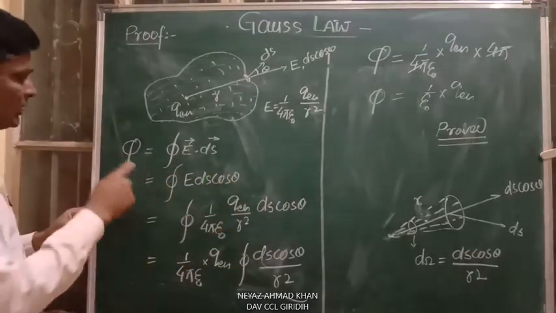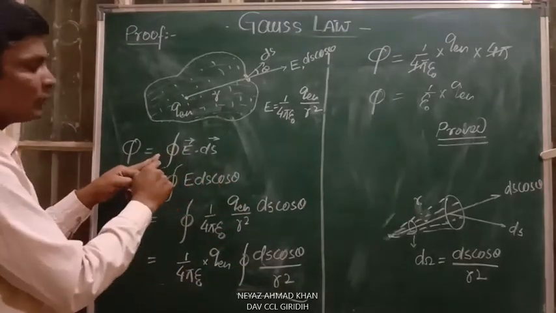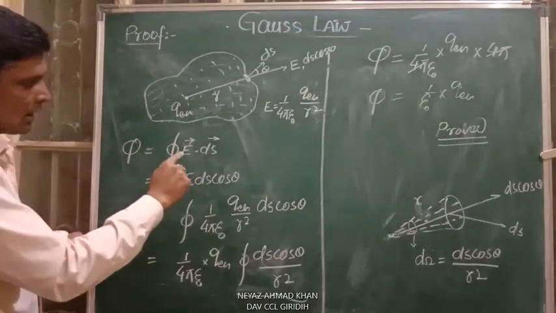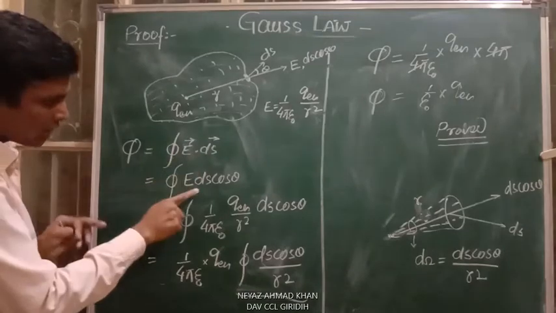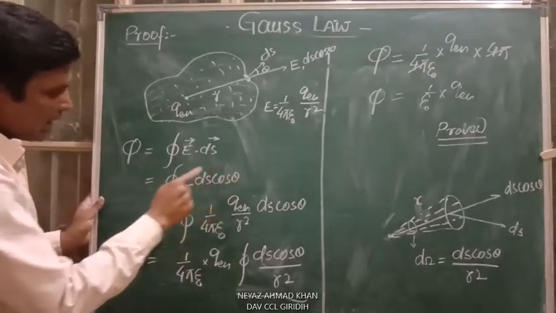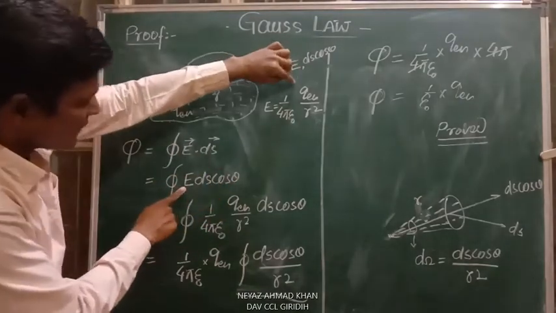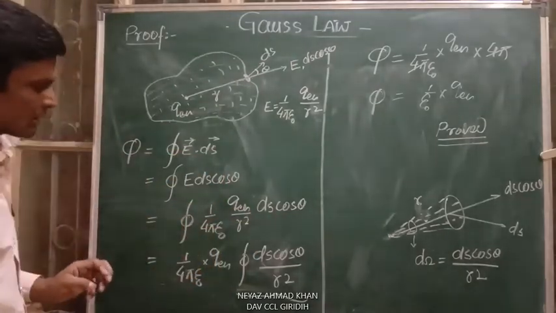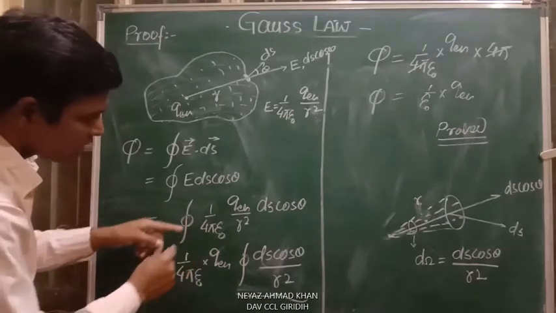Since we can calculate phi using this formula, the surface integral over the closed surface, to remove this dot I have taken ds cos theta, and the value of E has been put here, and now the equation becomes like this. What are the constant quantities here?